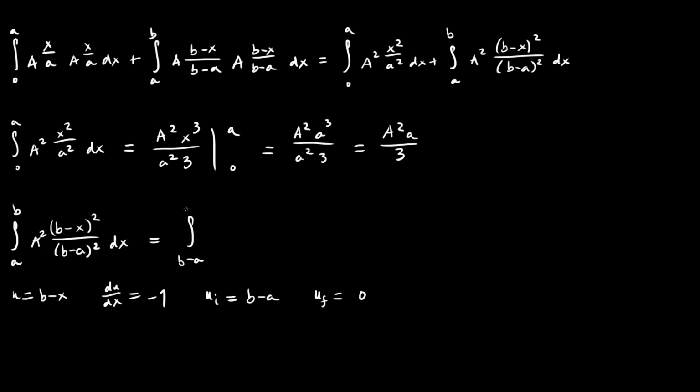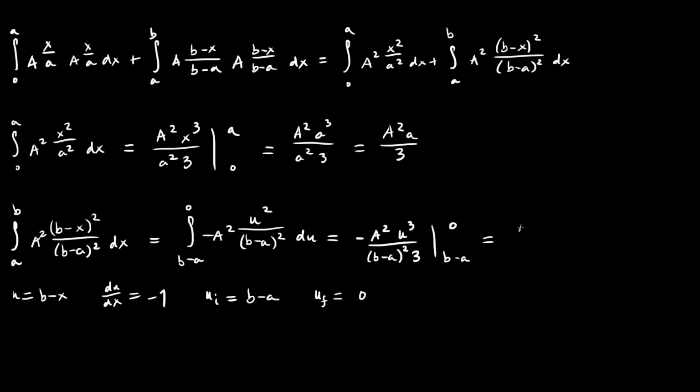So we substitute everything in, and then we just integrate like normal. And here we don't have to worry about the 0 because this entire function will go to 0. And we just have to worry about b minus a.